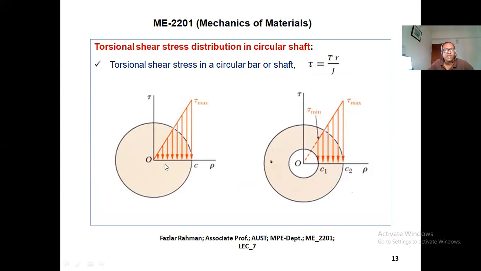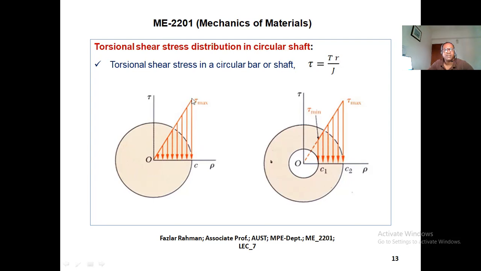You see the tau distribution. Along the vertical axis, tau. Horizontal axis, radius. So you put radius 0, shear stress is 0. Then as r gradually increases, shear stress increases. At the outer fiber, it will be maximum, because if you put r equal to the maximum value, tau will be maximum.